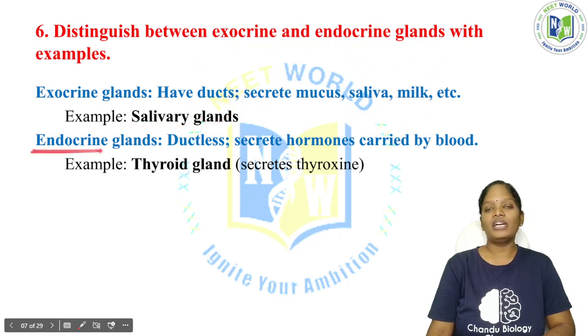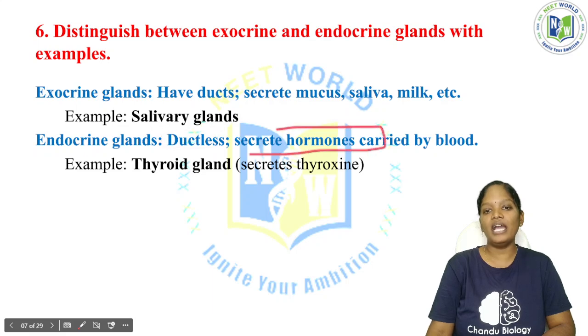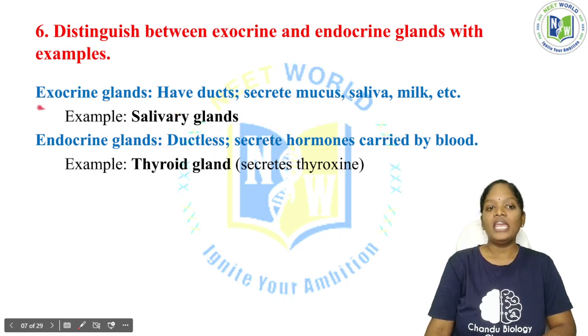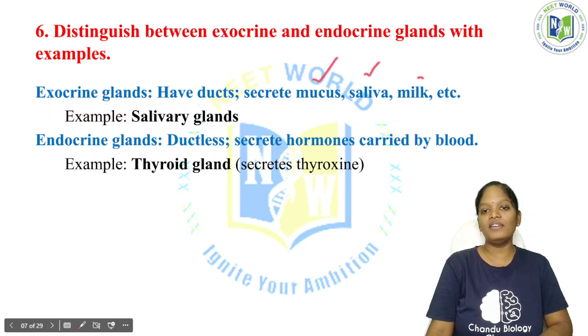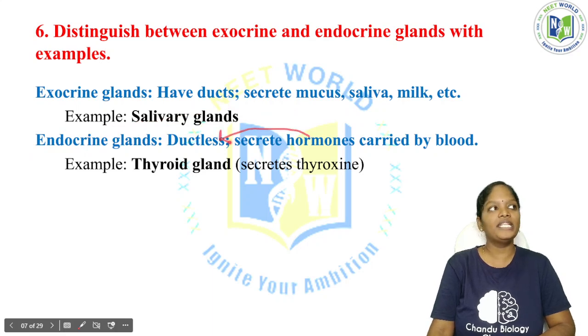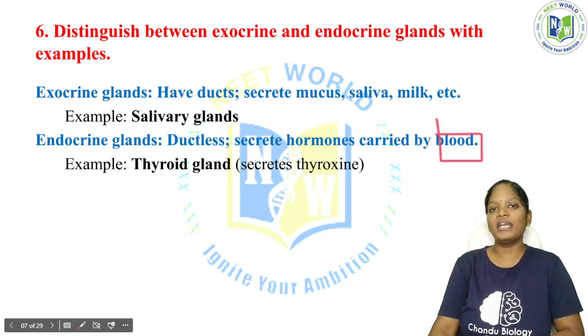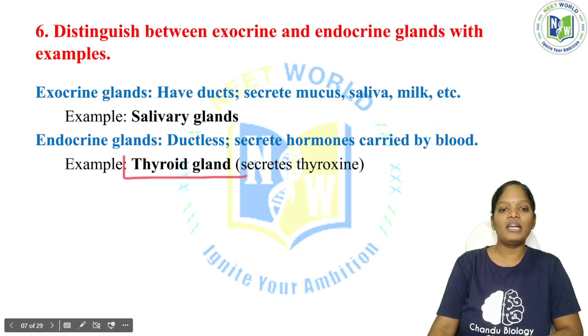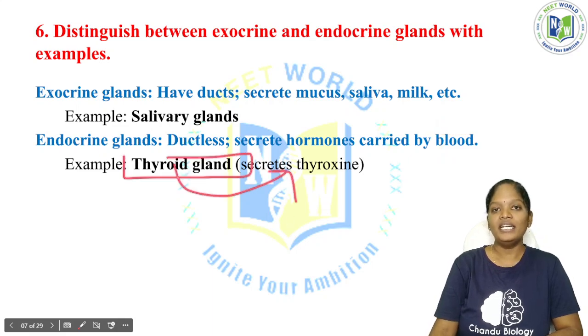The endocrine glands are ductless glands, and they secrete hormones. These hormones are not carried through a duct, which is why they are ductless. They are carried by the blood. For example, the thyroid gland secretes thyroxine.